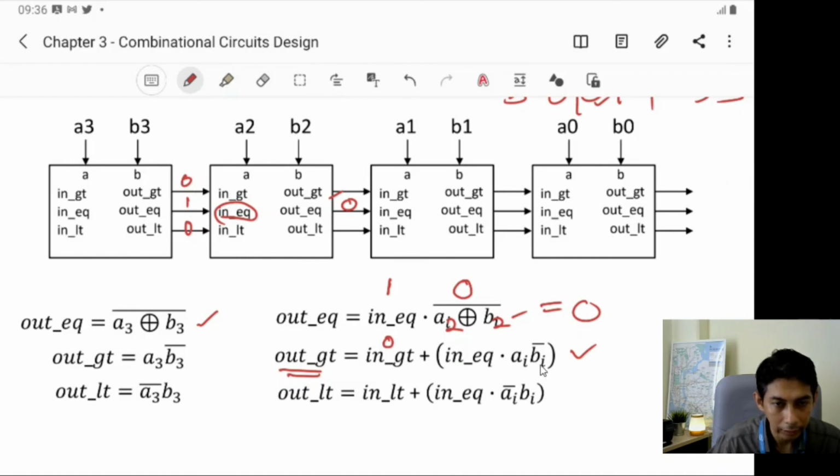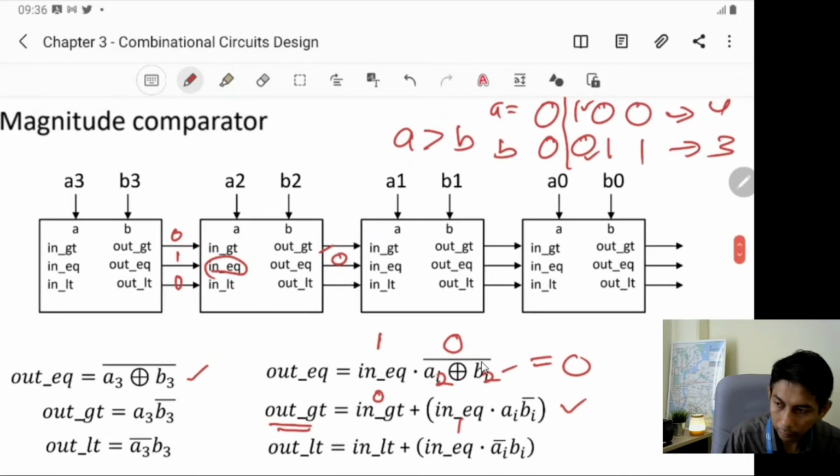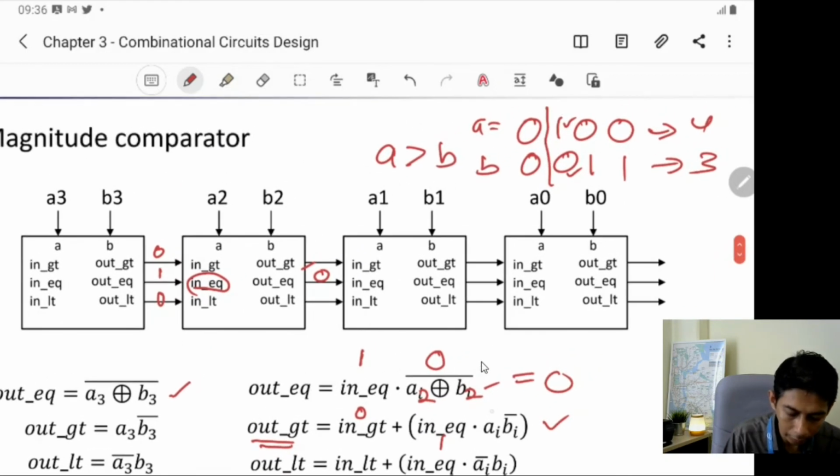Now, this is to check whether A is more than B or not. So in this case, IN equal to 1 and A is equal to 1 and B2 is equal to 0, right? And B2 bar should be equal to 1, because B2 is equal to 0.